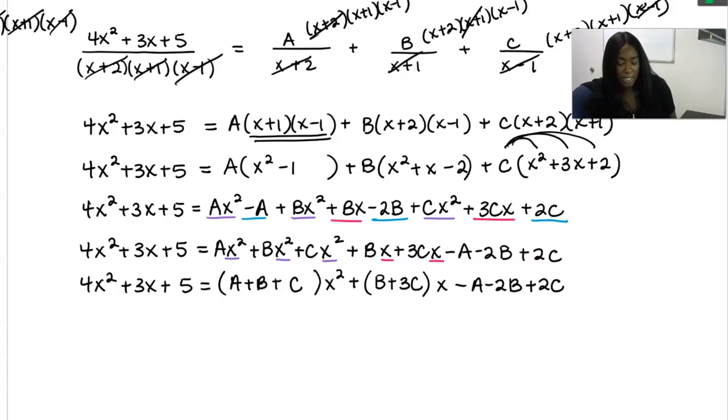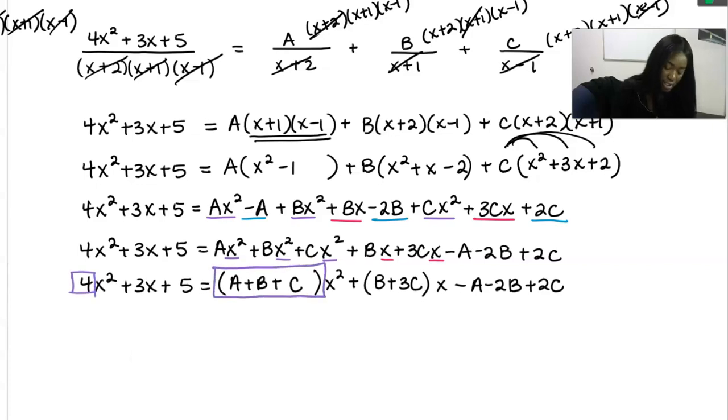But now what we can see is that the number in front of x squared on this side of the equation, let me stay consistent with my colors, the number in front of x squared on this side of the equation, which is 4, must be equal to the number in front of x squared on the other side of the equation, which is a plus b plus c. The number in front of x on the left side of the equation, which is 3, must be equal to the number in front of x on the right side of the equation.